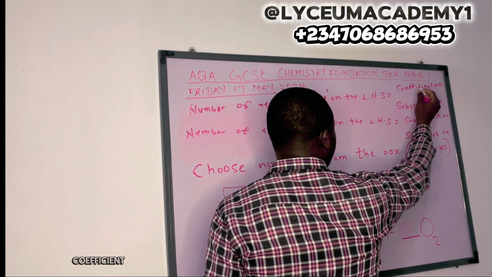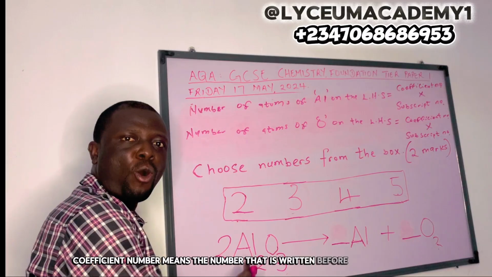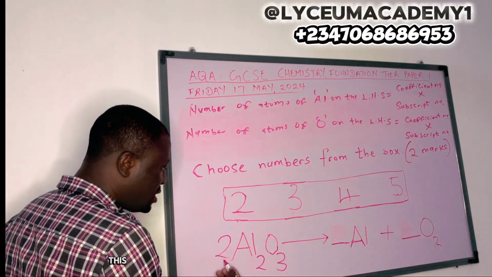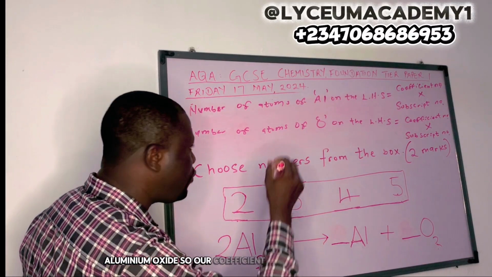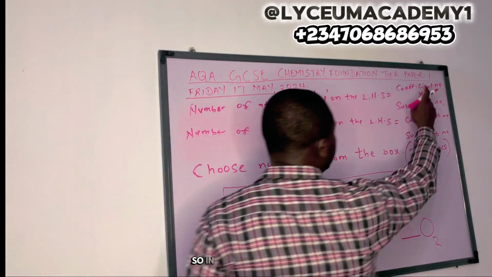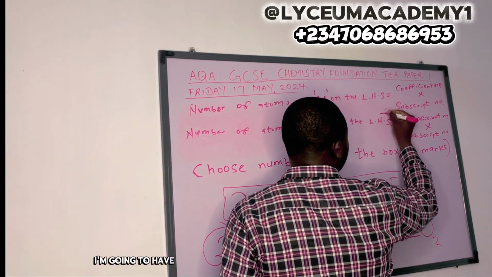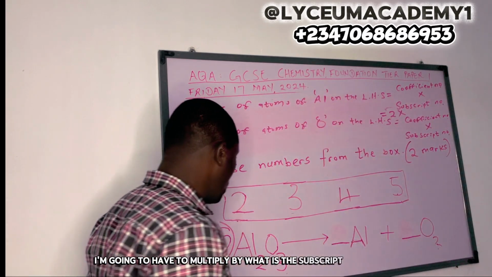The word coefficient number means the number that is written before an element or before a compound. In this case, this is the number that is written before this compound, aluminium oxide. So our coefficient number is what? Is 2. So for aluminium, I'm going to have 2 multiplied by, what is the subscript number?